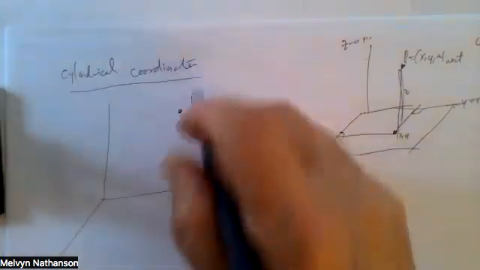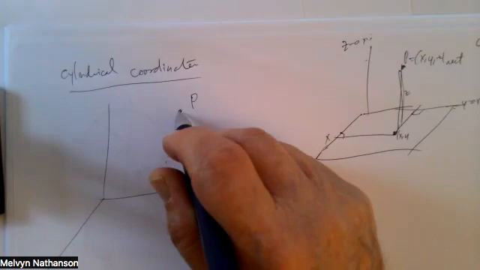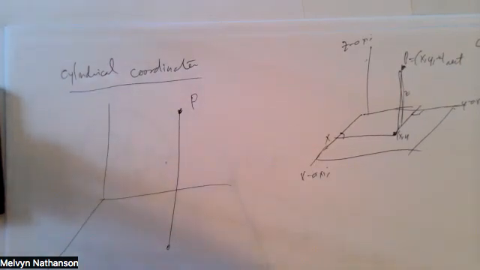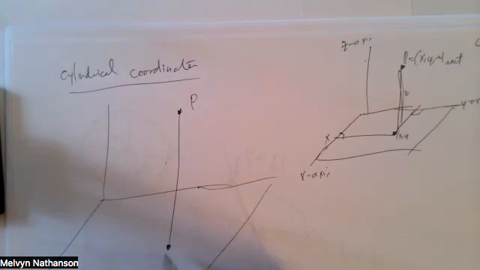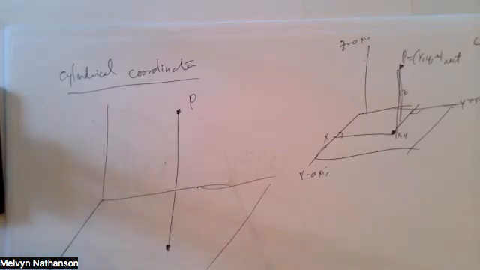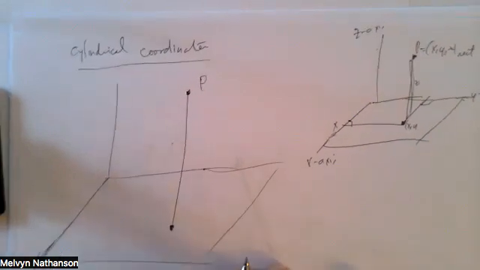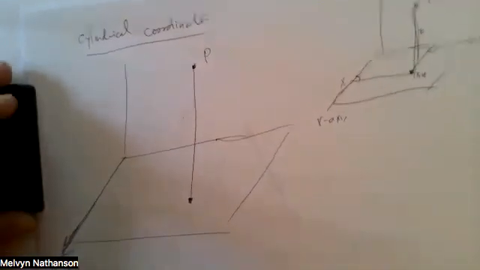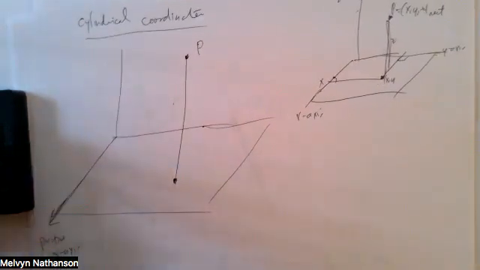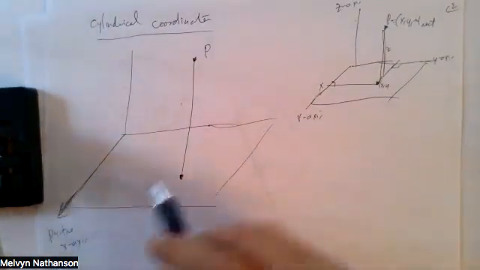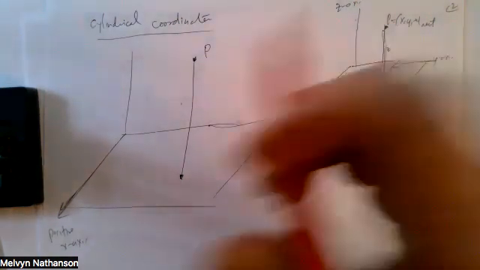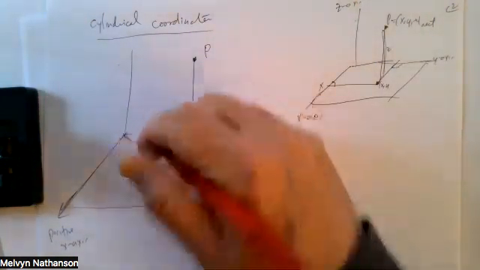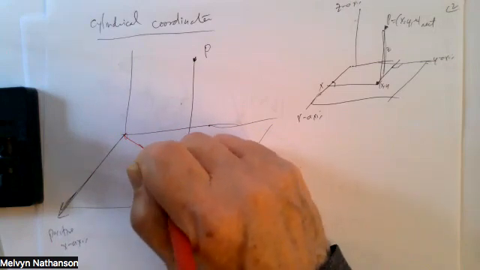For cylindrical coordinates, you do the same first step. You drop the perpendicular to the XY plane, but you don't take the rectangular coordinates of this point. This is the positive x-axis. You draw the ray from the origin to your point. This line has a certain distance r.